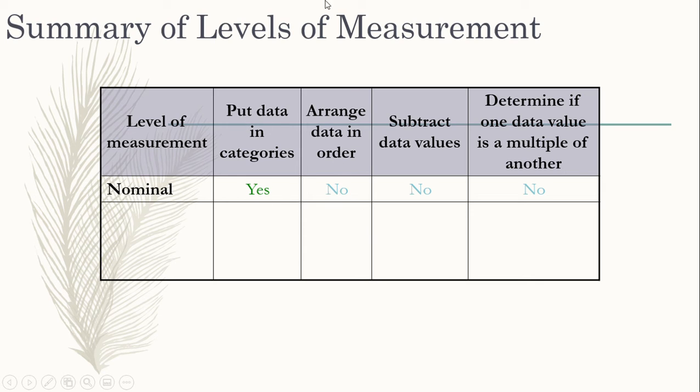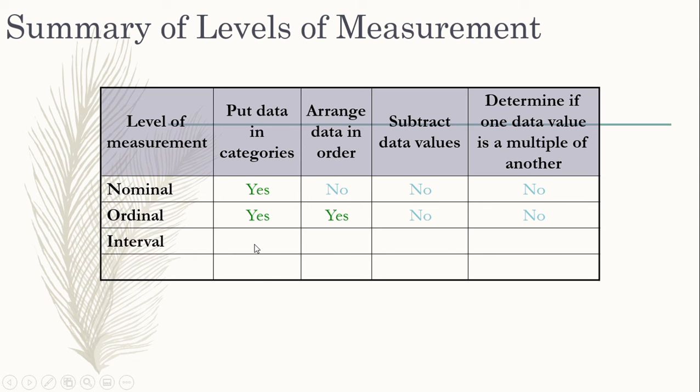Arrange data in order, no. Subtract data values, no. Determine if one data value is a multiple of another, no. Number 2 is ordinal. Ordinal, put data in categories, yes. Arrangement of data, yes. Subtract data values, no. Determine if one data value is a multiple of another, no.